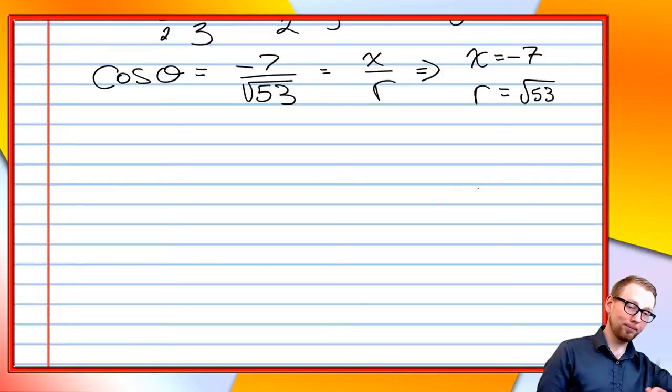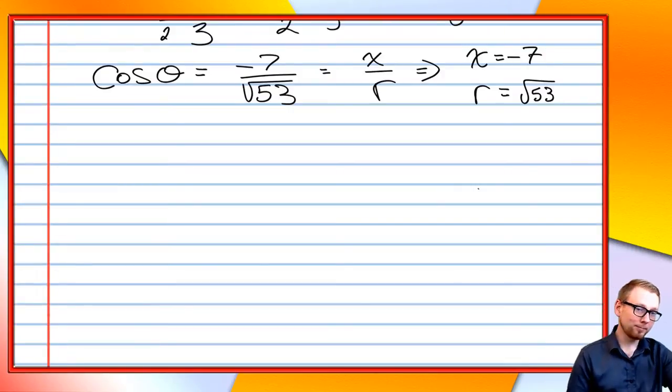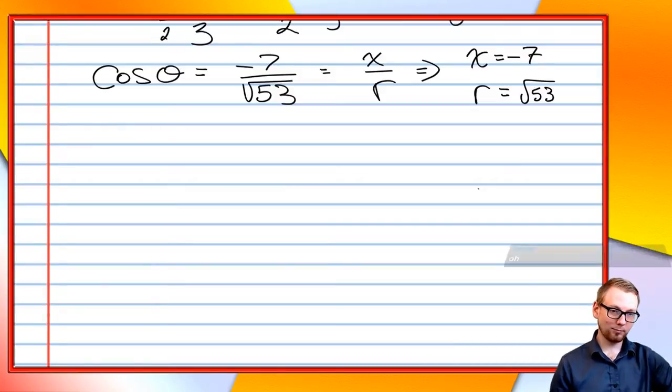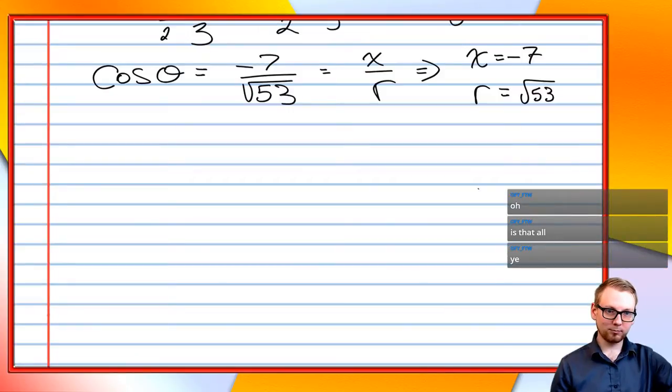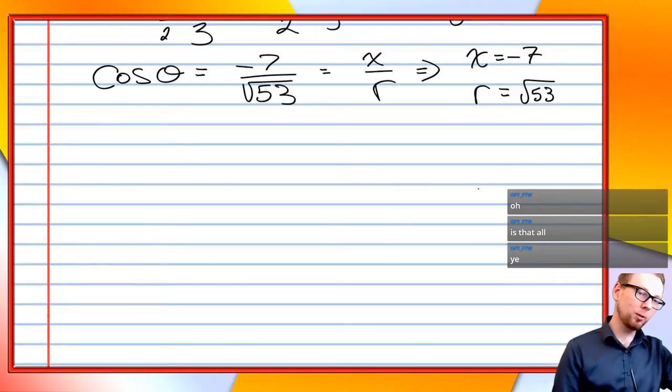Does that make sense? Good so far? Okay, we're still missing another value. We're missing y. How do we find the third value?